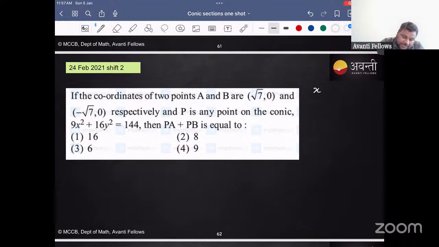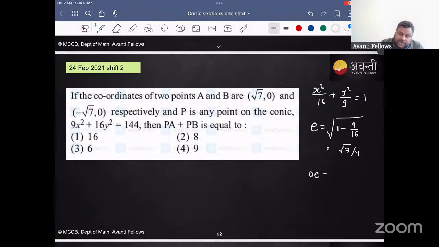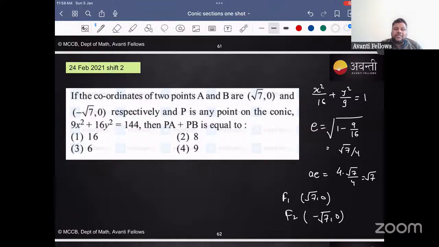So the ellipse is x square by 16 plus y square by 9 equals to 1. Eccentricity is under root 1 minus 9 over 16, that is root 7 by 4. So AE is what? A is 4, E is root 7 by 4, that is root 7. That means these F1 and F2 are foci. So F1 is root 7 comma 0. F2 is minus root 7 comma 0.